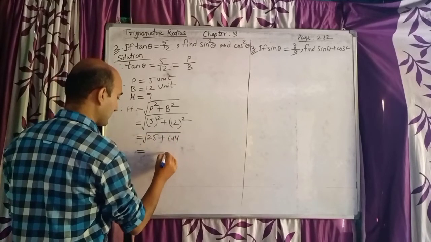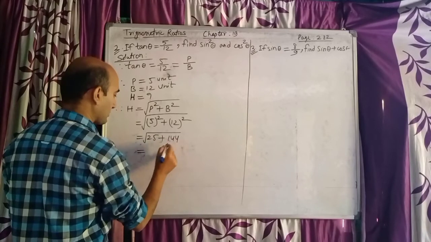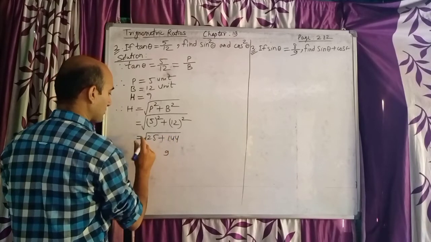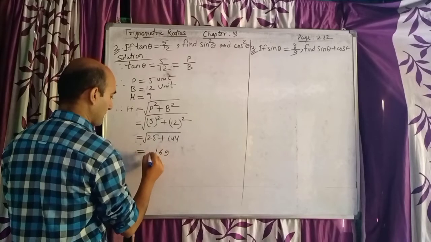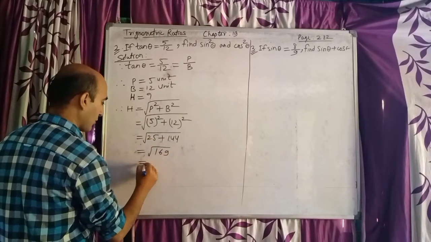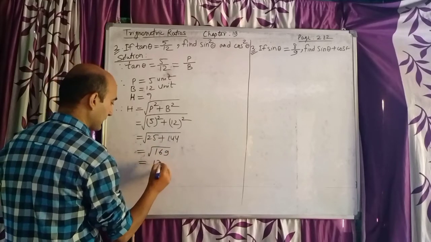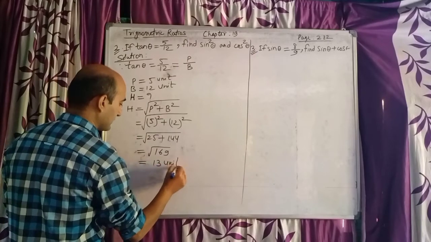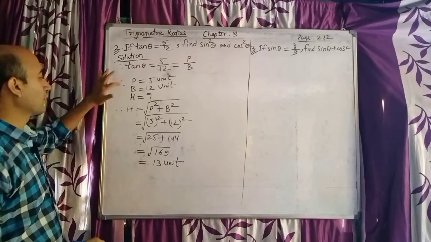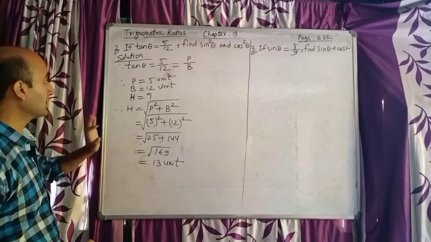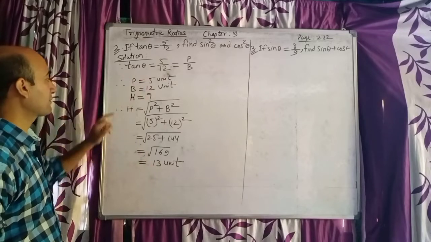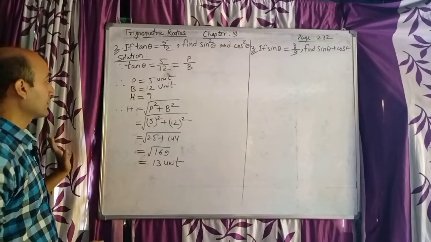If you add it, we have 169. Root over 169 is 13. So I can write 13 unit. Now we have hypotenuse as 13 unit, perpendicular 5 unit, base 12 unit.